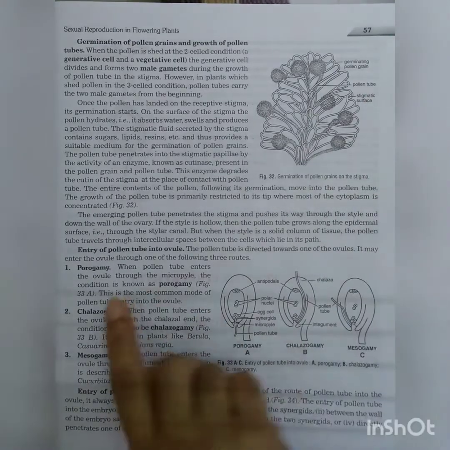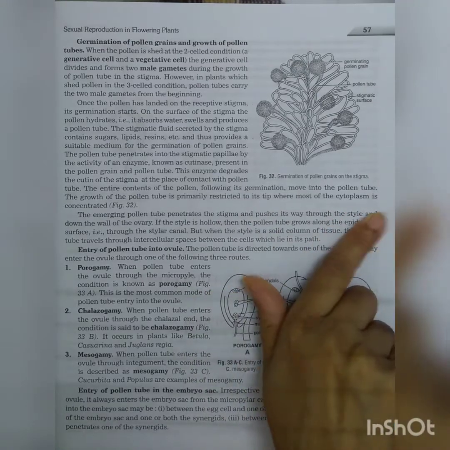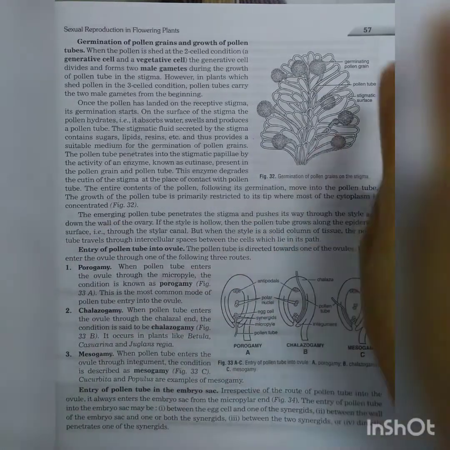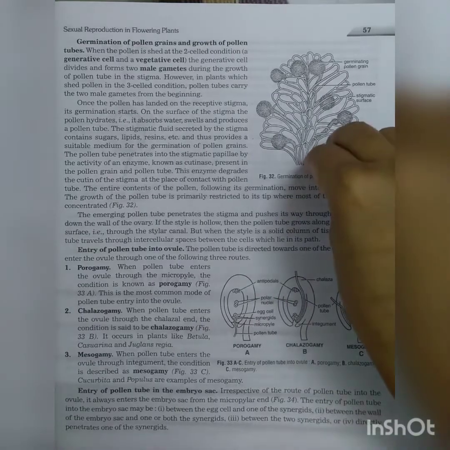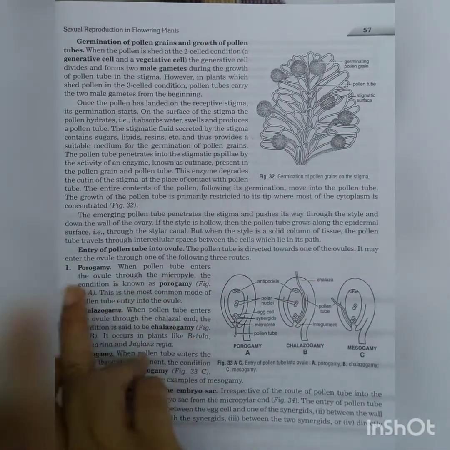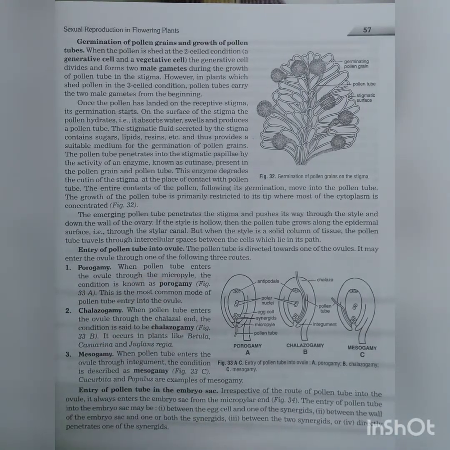The growth of the pollen tube is restricted to the tip where most of the cytoplasm is concentrated. This emerging pollen tube penetrates from the stigma towards the style and then enters the ovule, and this entry takes place by three methods.